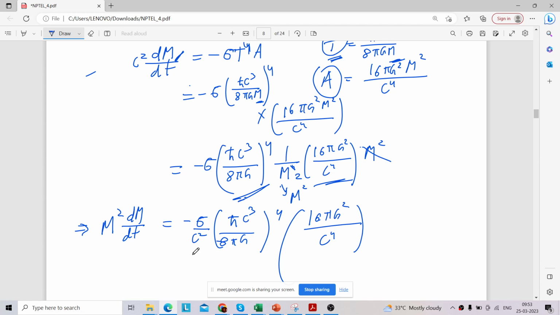These all are constants. You can see h cross is a constant, c is a constant, the gravitational constant, Stefan's constant. So when we put these values, we will get a constant.